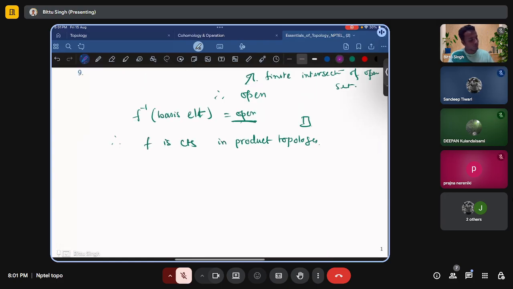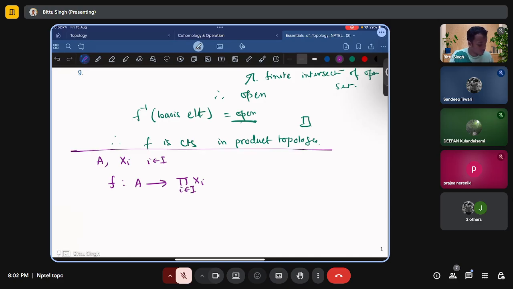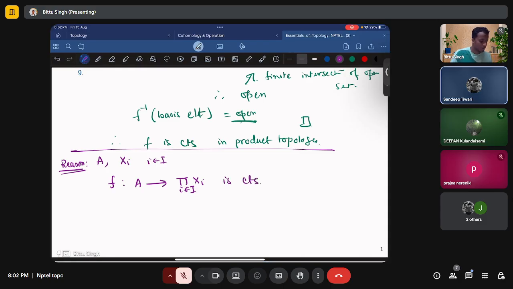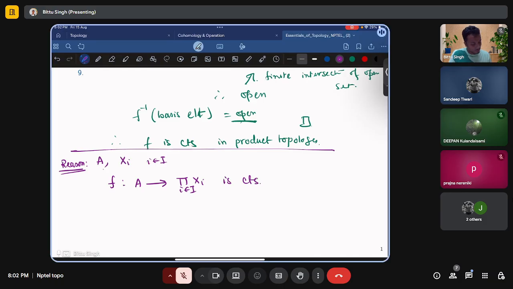So this is the reason why product topology is important. Product topology means we are considering topological spaces Xi, i belongs to I. A is any set, and the Xi are topological spaces. Then a map f from A to the product of Xi can be defined component-wise.